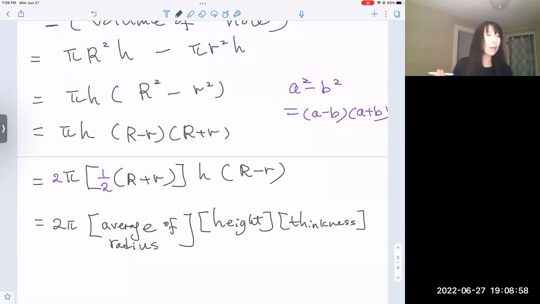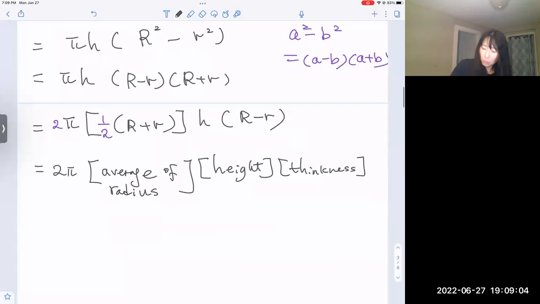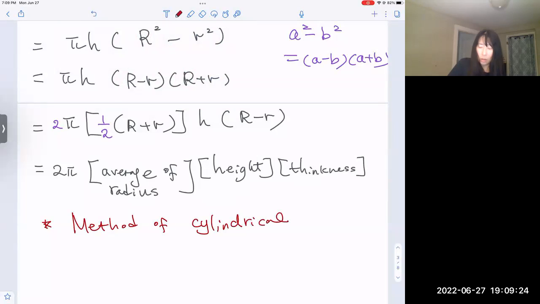So the formula has, let me see. Let me write down the method of cylindrical shells.